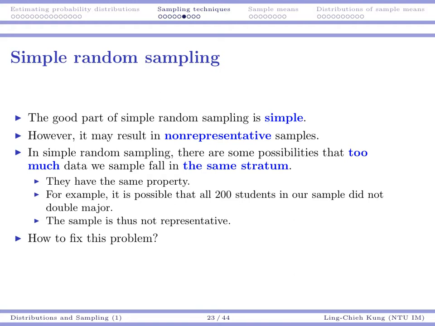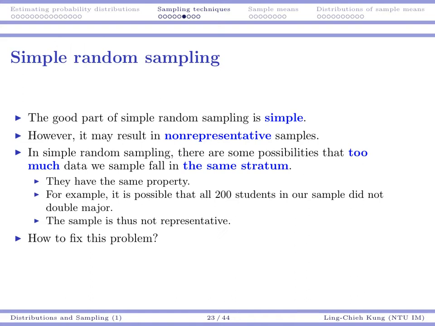Then I probably agree that the sample has some bias because students with double major typically take more courses and get more credits. So I probably want to control the number of students in my sample that have double major. Then I say that the sample would be more representative.